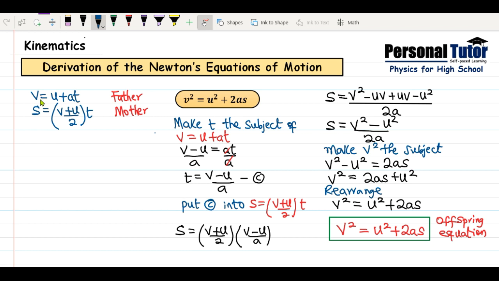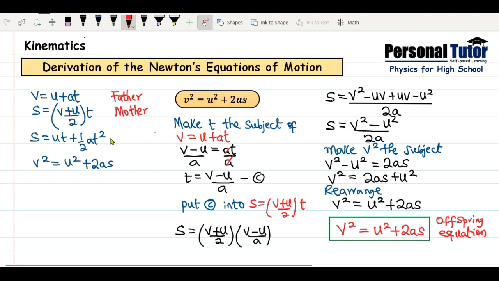The first one, v equals u plus at. Then the second one, s equals ut plus half at squared. Then the third, v squared equals u squared plus 2as, where all these terms have been defined for you initially.